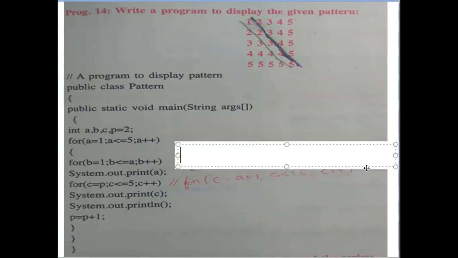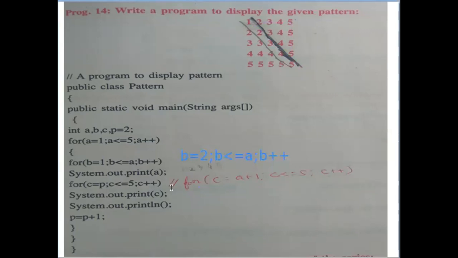Here I must make B is equal to 2, B is less than or equal to A, B plus plus, but print the value of A. Because B starts from 2, 2 is not less than or equal to 1, so nothing is printed over here.